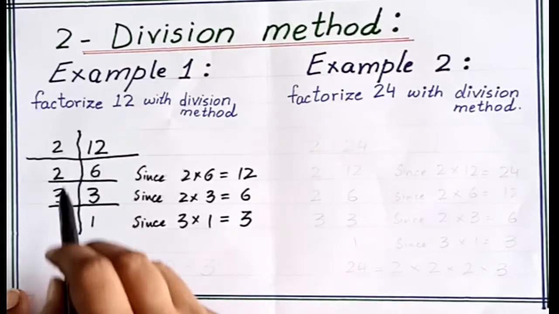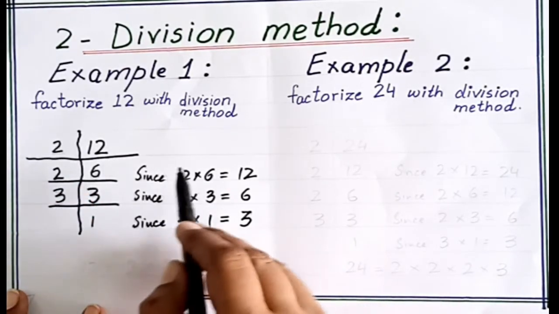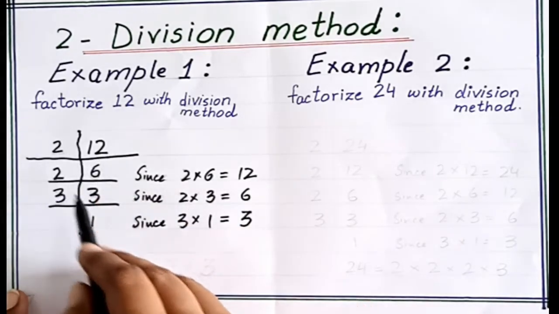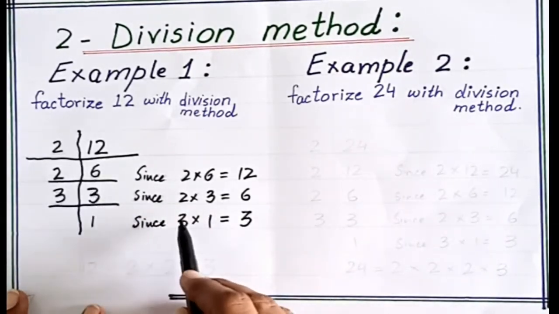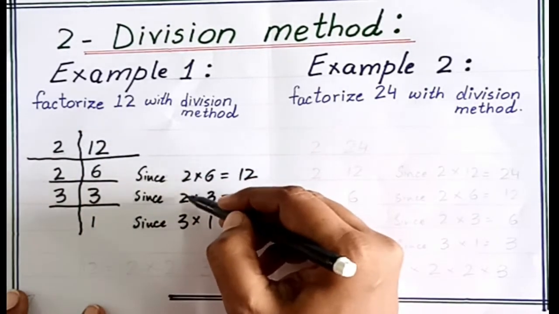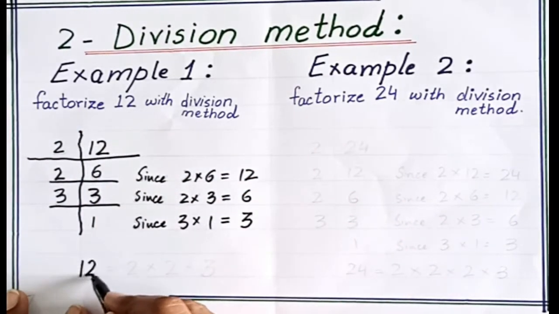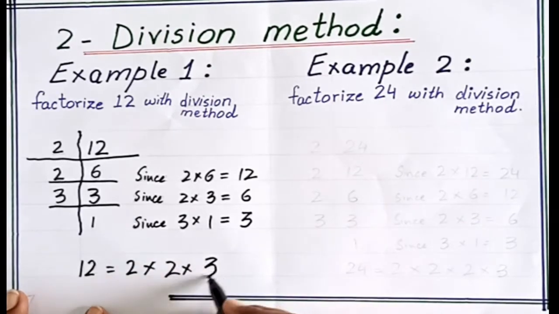See, the prime factors are here. 2 sixes are 12, 2 threes are 6, 3 ones are 3. Here are the prime numbers: 2, 2 and 3. The prime factors of 12 are 2, 2 and 3.